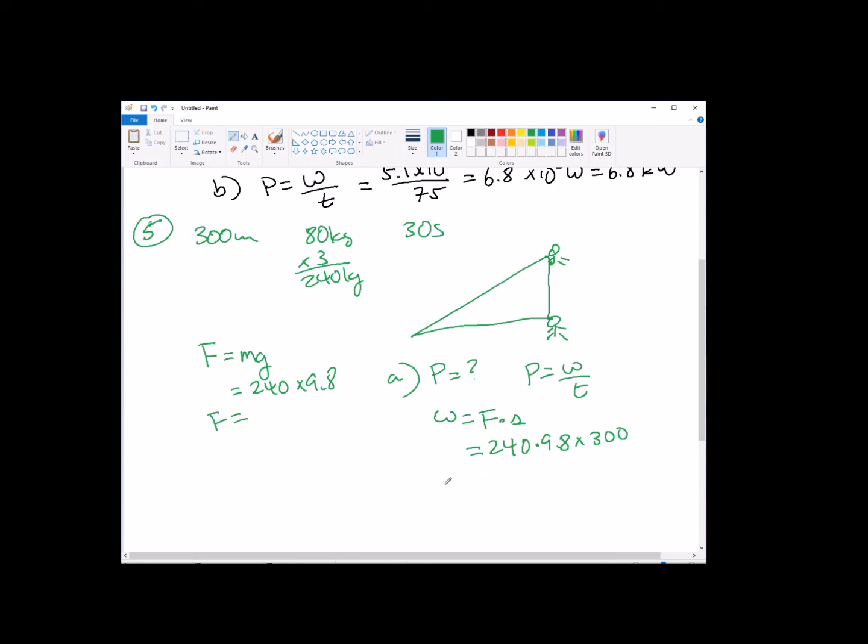Okay, and then to find the power, we just take 240 times 9.8 times 300 divided by 30 seconds, and we get our power to be 2.4 times 10 to the 4 watts. Now the key is to understand that this is all that matters in terms of the displacement, and this is where you get your force from.